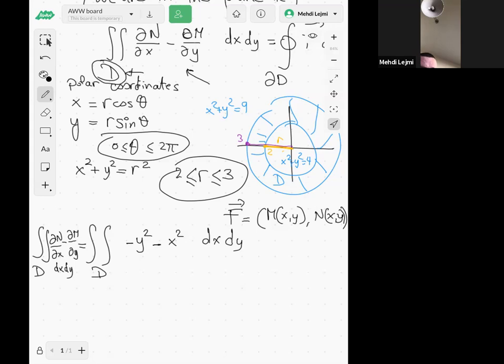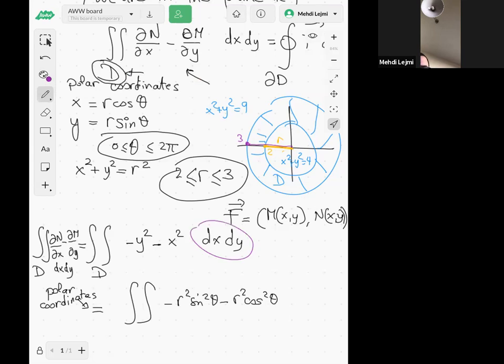Anyway, use polar coordinates. Don't forget the polar coordinates, and don't forget the Jacobian, guys. So here that would be minus r squared sine squared theta minus r squared cosine squared theta. Then dx dy is now r dr d theta, because of the Jacobian.